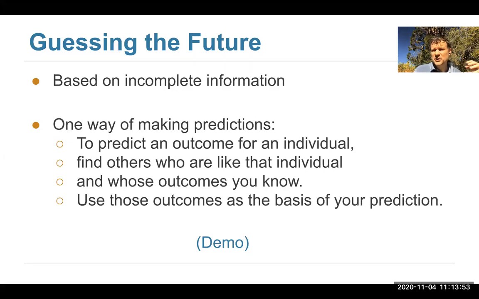Then you use those outcomes as a basis for your prediction for this person. The idea is if people are similar, then they'll probably have similar outcomes. So if I can find similar people who have a known outcome, that'll help me make a prediction for the outcome of the person we're looking at right now.